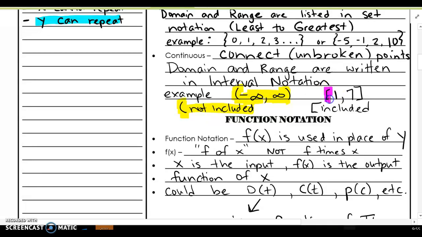A bracket would indicate that it's included. So in this example, all of the values would be from 1 to 7, including 1 and including 7. If you wrote it from 1 to 7 this way, you would not include 1, but you would include 7, which means there's no ordered pair with a value of 1, but there's ordered pairs with everything above 1.